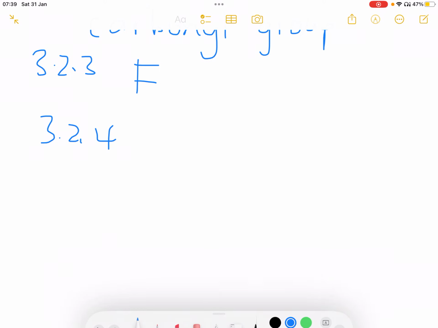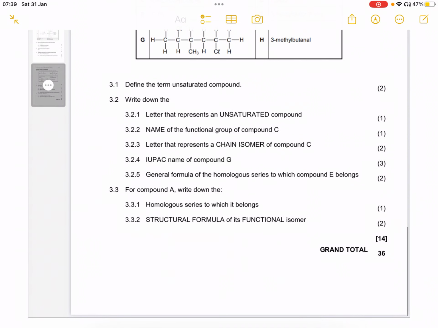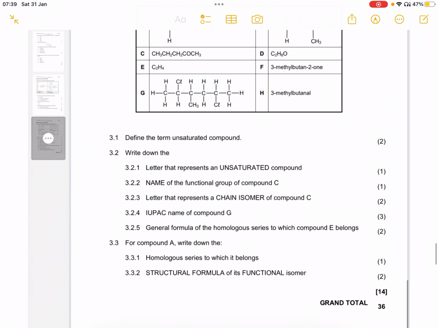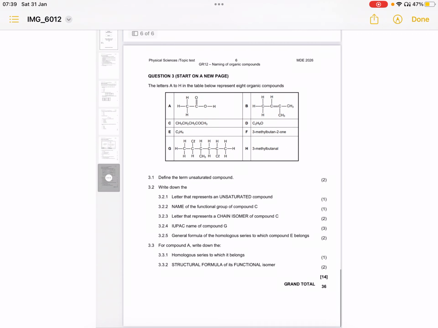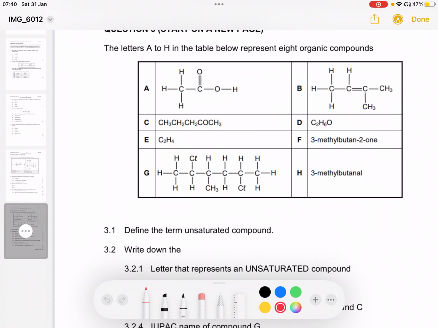3.2.4 wants us to determine the IUPAC name for compound G. Compound G, let's go to the structure. All right, now we're going to say 1, 2, 3, 4, 5, 6.